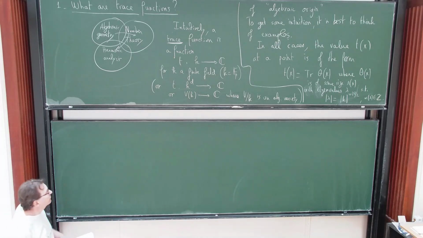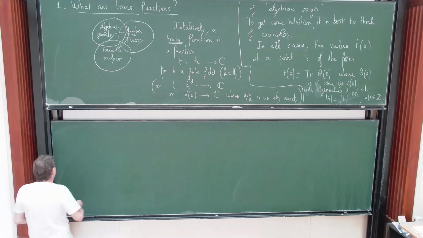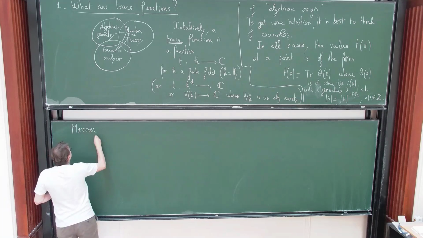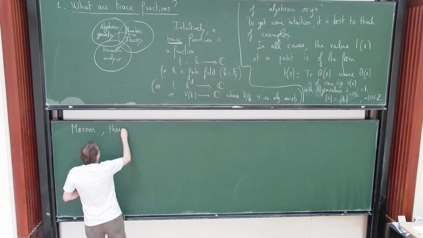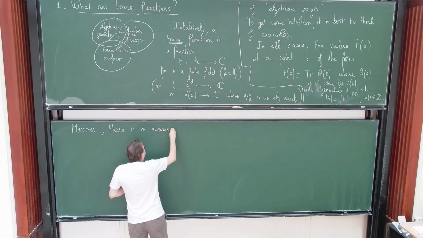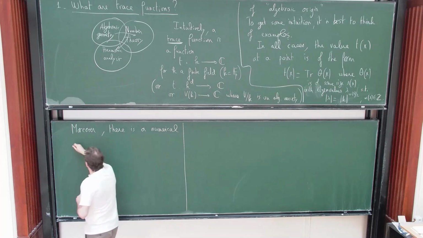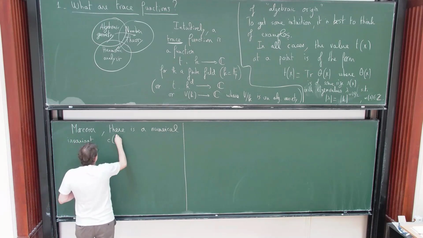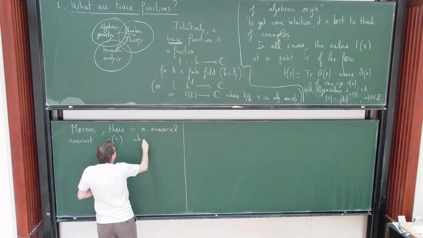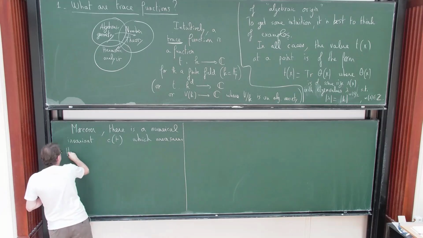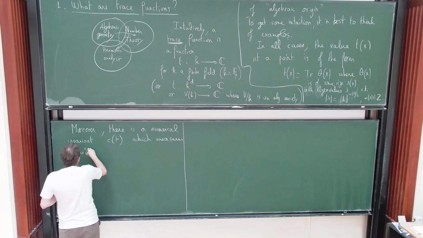Any function from K to C basically could be realized as a trace function. So to make this work, we need something like the complexity of nilsequences. So there is a numerical invariant which we call the conductor or complexity, so it's c(t), which measures the complexity, the arithmetic complexity.